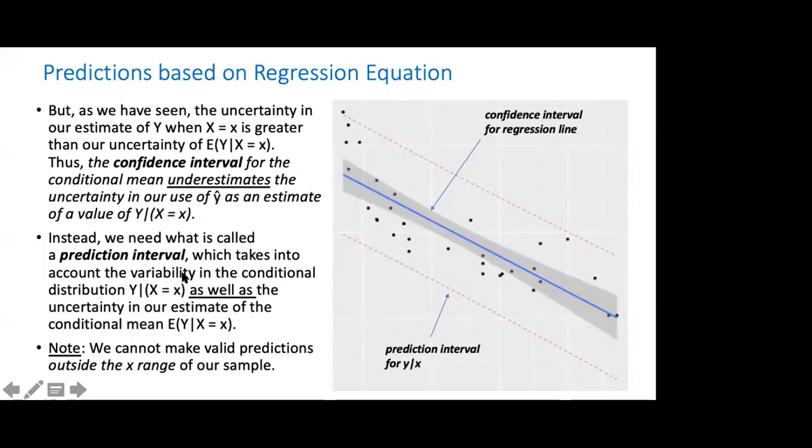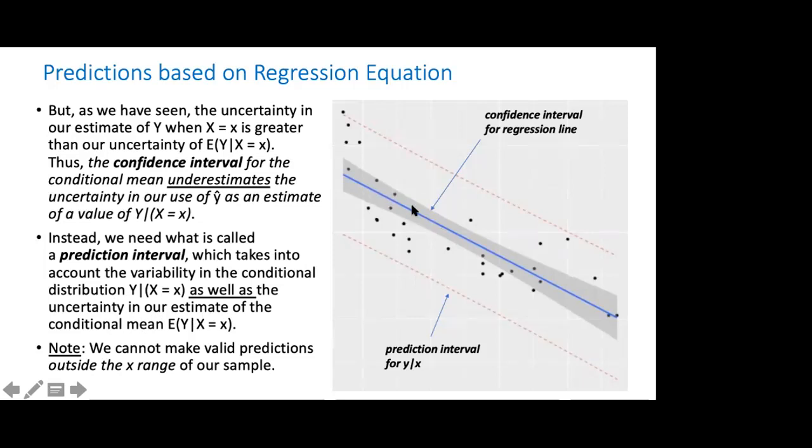And it takes into account the variability in the conditional distribution, so how much the actual sales numbers deviate from the predicted sales numbers. As I said, it could range between 10,000 and 10 million if we are unlucky. And it also takes into account the uncertainty of our estimate of the conditional mean.